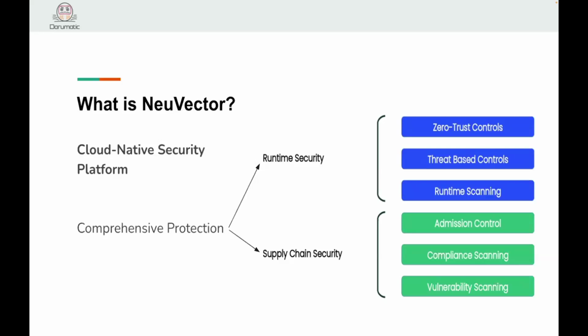But at the same time, we need to be executing this security in runtime, because attacks can be happening in real time. We may have deployed a completely secure application that for some reason is getting attacked, and we need to have something in place to monitor those potential attacks.